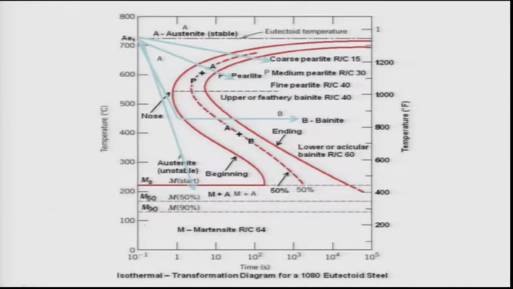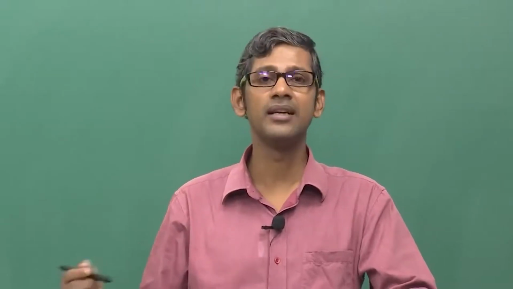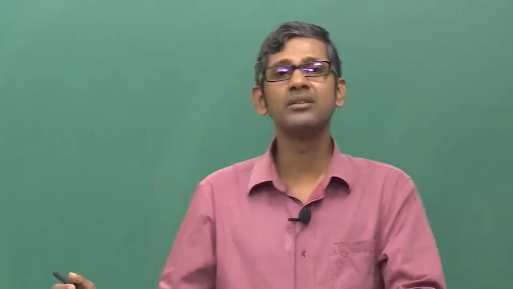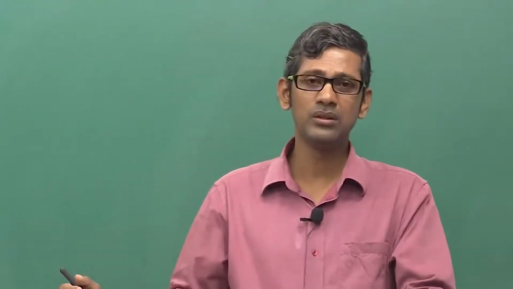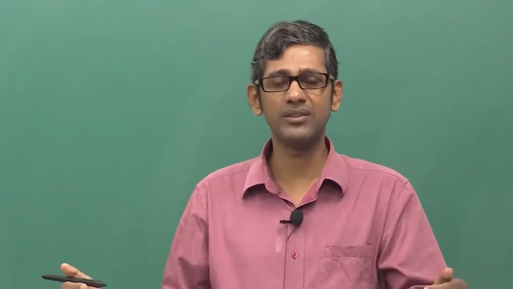And so these three temperature lines tell you, for the 1080 steel, how much percentage of martensite you can form, and then the remaining will be retained austenite. Obviously, retained austenite is not a good phase along with martensite, and that needs to be transformed later. So that means, depending on the temperature to which I can cool, if I quench to a hot oil which is kept at about 200 degrees Celsius, only 20% or 25% martensite will form.